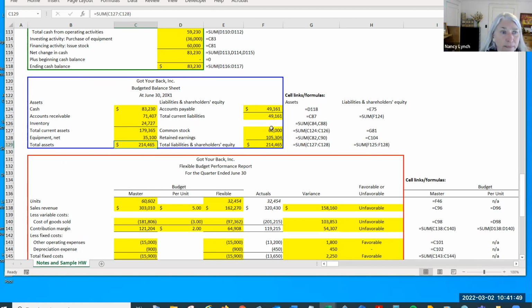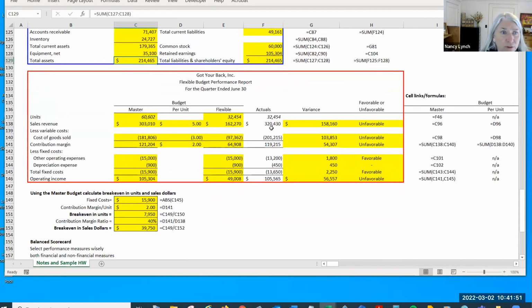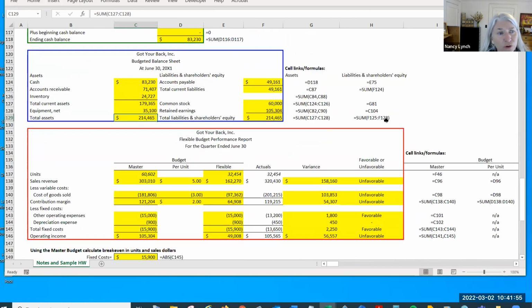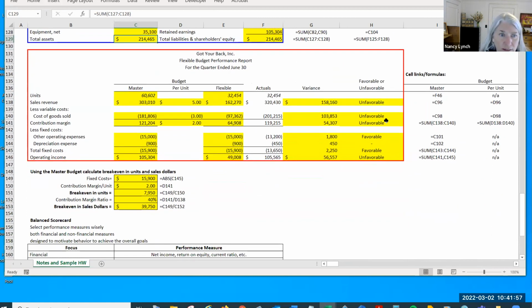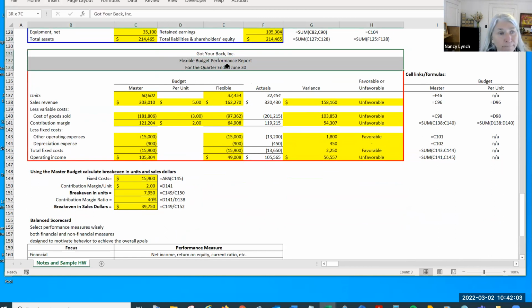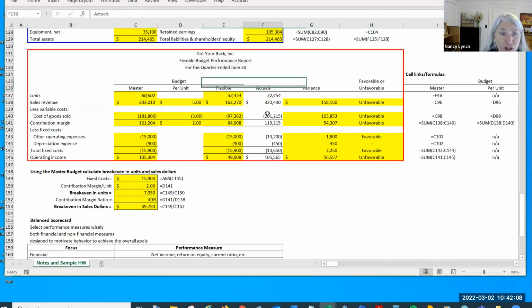All right, here's really what I want to get to, because this is essentially what you've done in earlier modules, but this is a new format. And this is important for businesses. After the quarter's gone by, we're going to compare our budget to what actually occurred. These are what actually occurred in the quarter.